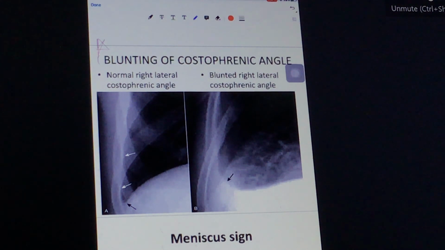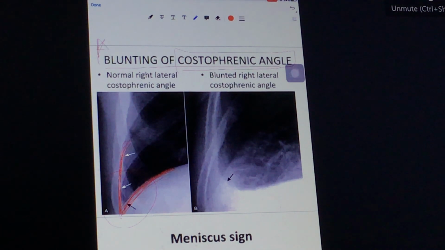This is what you call the costophrenic angle. The normal lung that does not have any lesion appears sharp or angulated. But if there's fluid present in the lung, you can see it's blunted. This is what we call the meniscus sign.